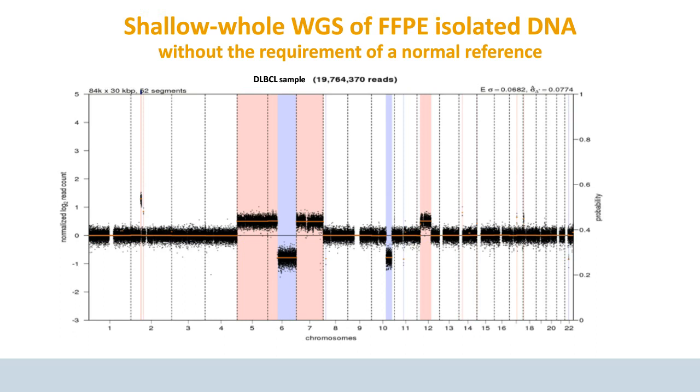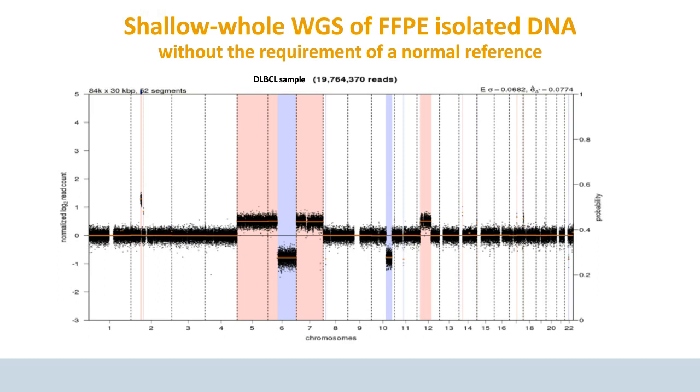And here we see 84,000 black spots, and every one of those black spots is a bin where we've counted the amount of sequence reads. From left to right, we see the different chromosomes, and from top to bottom on the left, on the y-axis, there are the gains and losses.